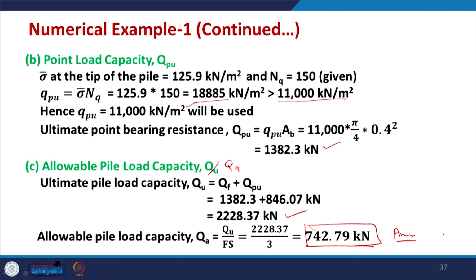So for the given pile diameter of 0.4 meter and given strata, the maximum load the pile can carry is about 700 kilonewton, and this comes with a factor of safety of 3. So this completes the numerical example.